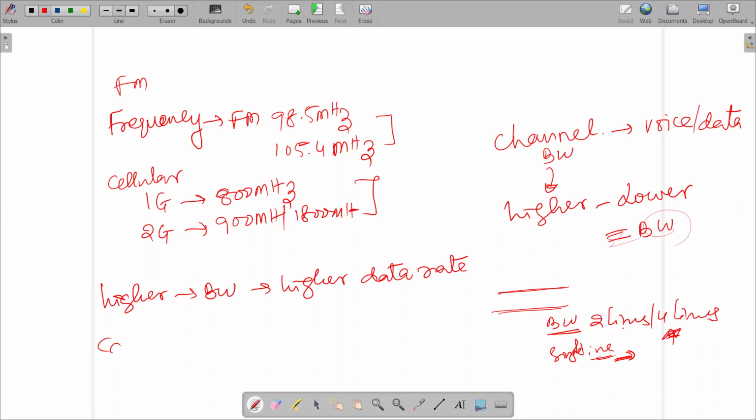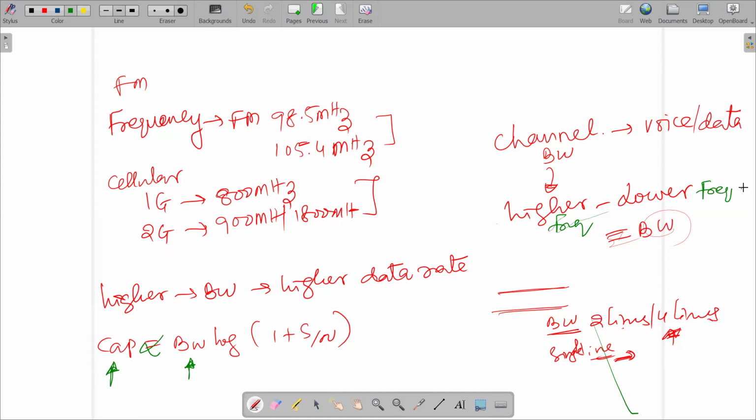I think capacity equals bandwidth times log of 1 plus S by N. So this was the Shannon formula. Capacity is directly proportional to bandwidth. Higher the bandwidth, higher the data rate. Lower the bandwidth, lower the data. So simply, bandwidth is higher frequency minus lower frequency.